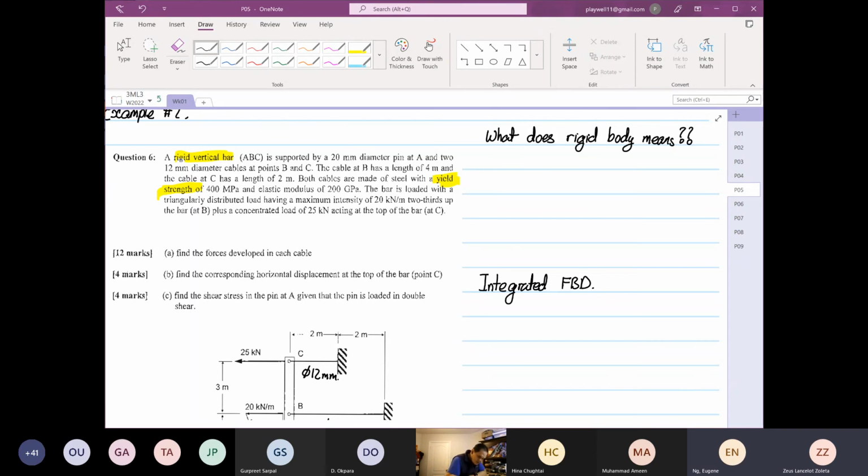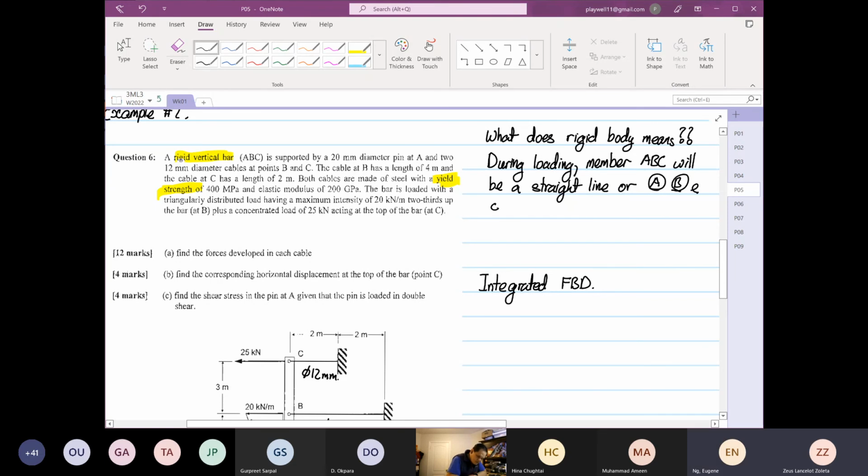So it means that during deformation or during loading, member ABC will be a straight line, or point A, point B, and point C share the same gradient.